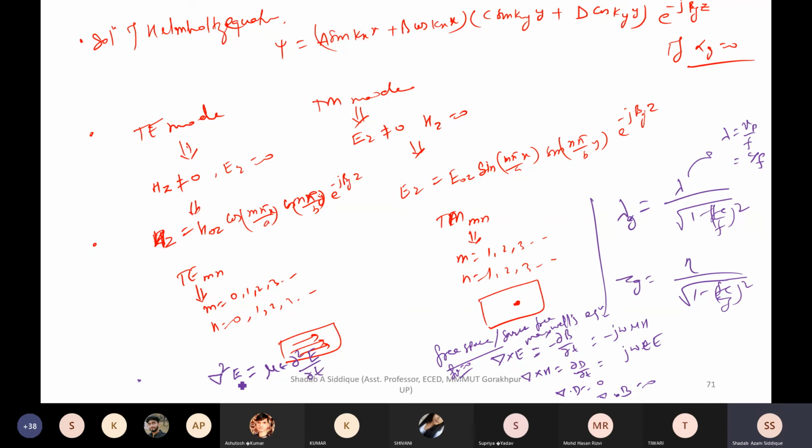I told you that if you have the double differentiation in the space domain, you will get double differentiation of the same function in the time domain, del T square. If you have double differentiation of the electric field in the space domain, on the other side of the equation you will get double differentiation of the same electric field in the time domain.